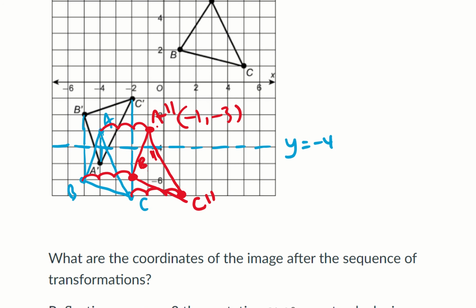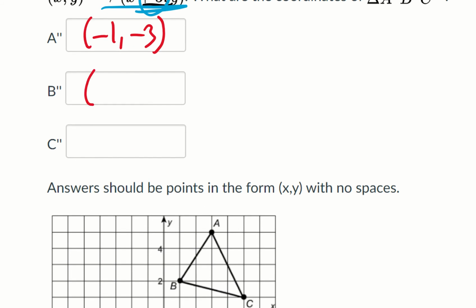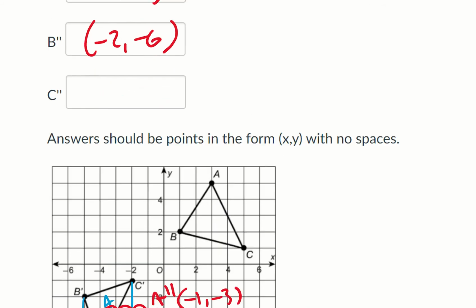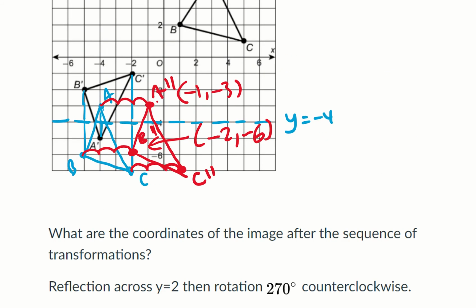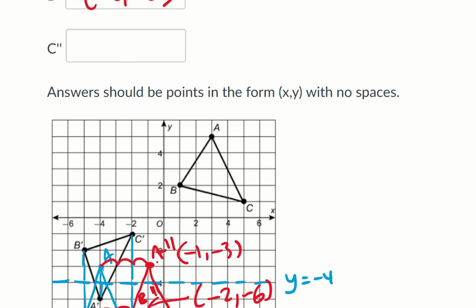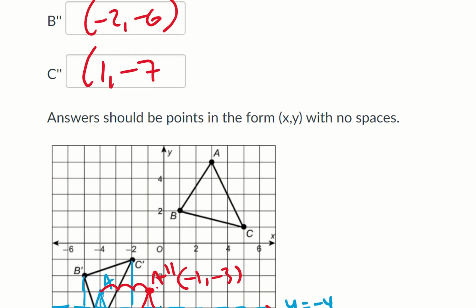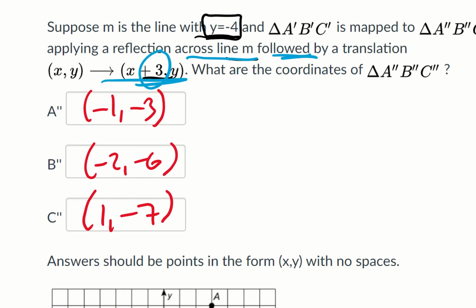B double prime, the coordinates for that are -2, -6. And C double prime, 1, -7. That's how you figure out the coordinates for the sequence of transformations for this problem.